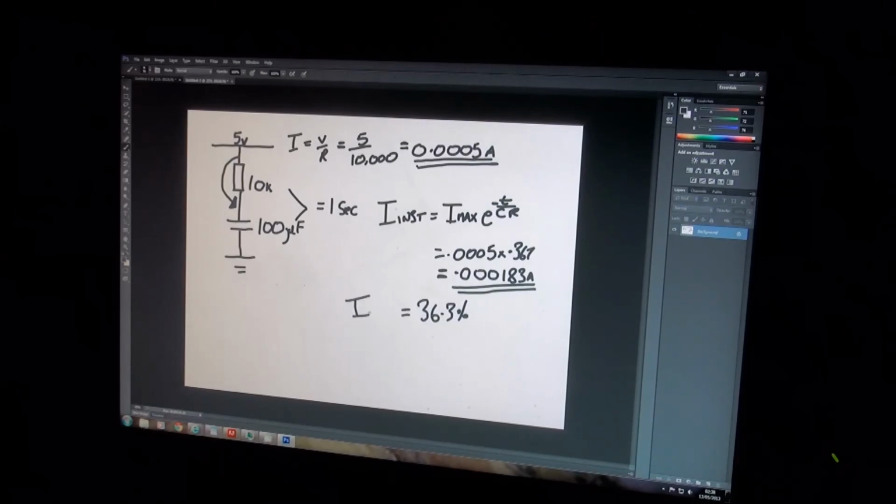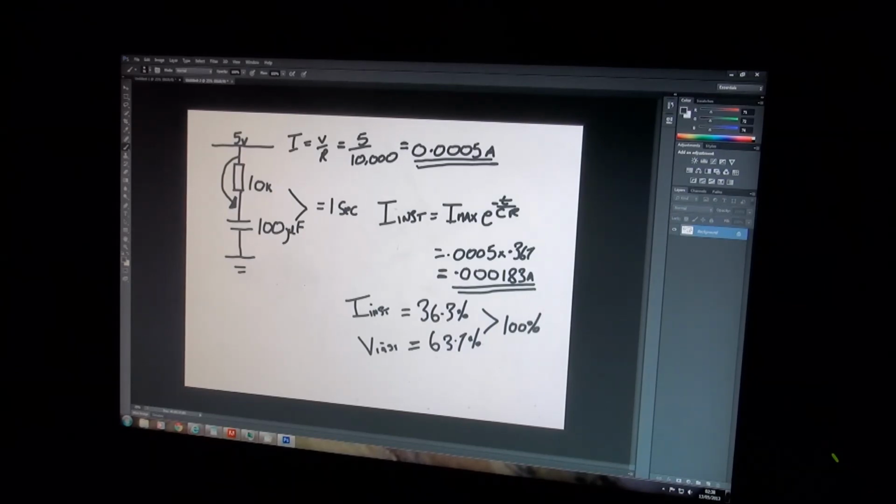That's for current. After one time constant, the instantaneous voltage, if you do the same procedure, you'll find it's about 63.7% of its maximum value. And these two together make 100%.